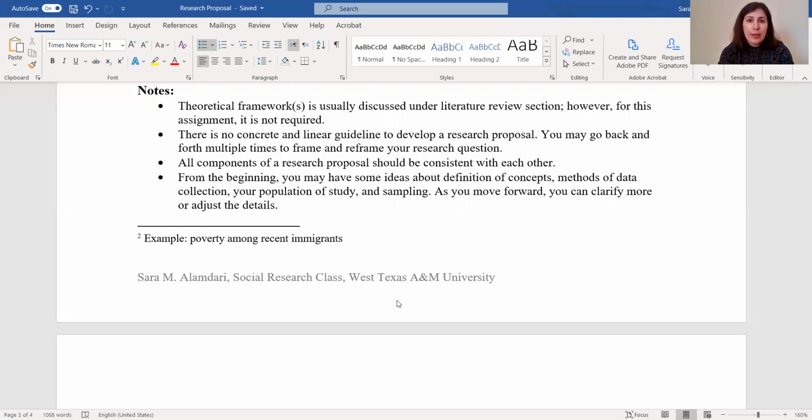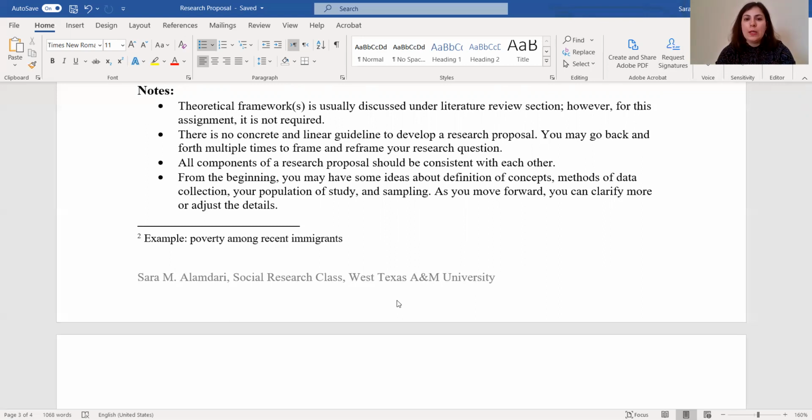The second important thing is there is no concrete or linear guideline to develop a research proposal or research question. You may go back and forth over and over many times to frame and reframe your research question and to adjust different components of your research.